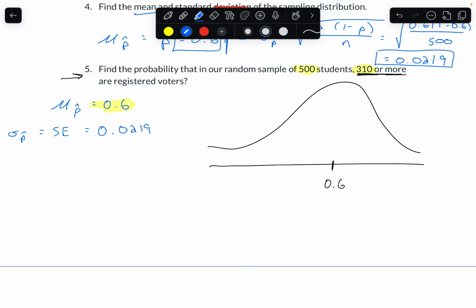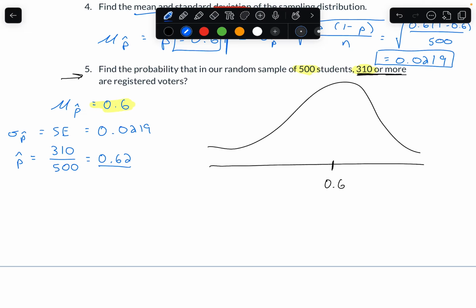So in this case, I need to take just a moment to find the sample proportion, which is p hat. So p hat is equal to 310 divided by 500. Let me grab my calculator real quick. 310 out of 500, I ended up with 0.62. So 0.62 is my observation.